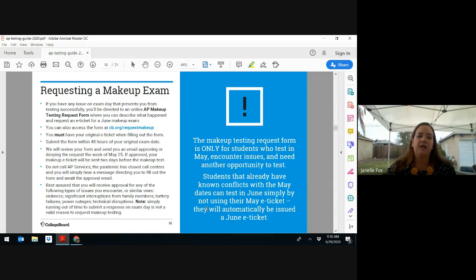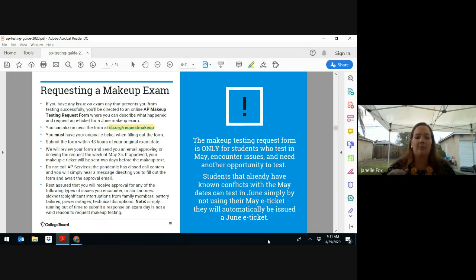If for some reason you have a catastrophe on exam day, and guys, College Board knows there's going to be catastrophes. If there is a catastrophe, right after the test, you just go to cb.org/requestmakeup right after the test happens, and then they'll allow you to take it on that June date.